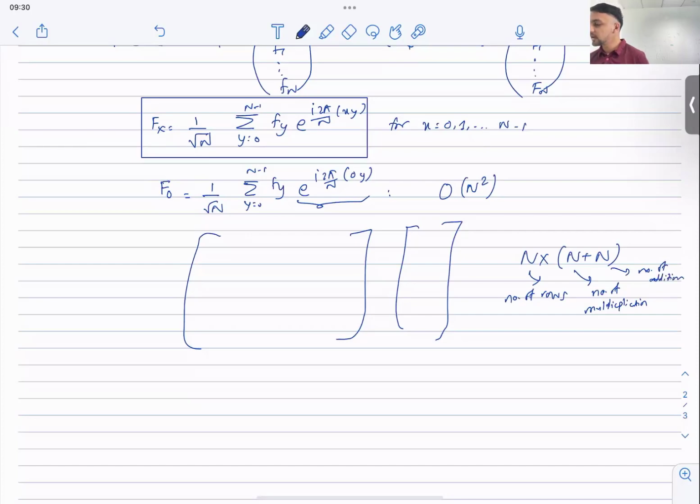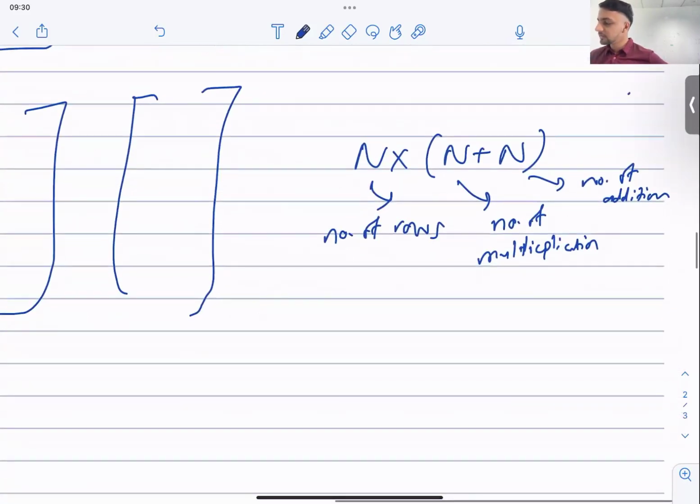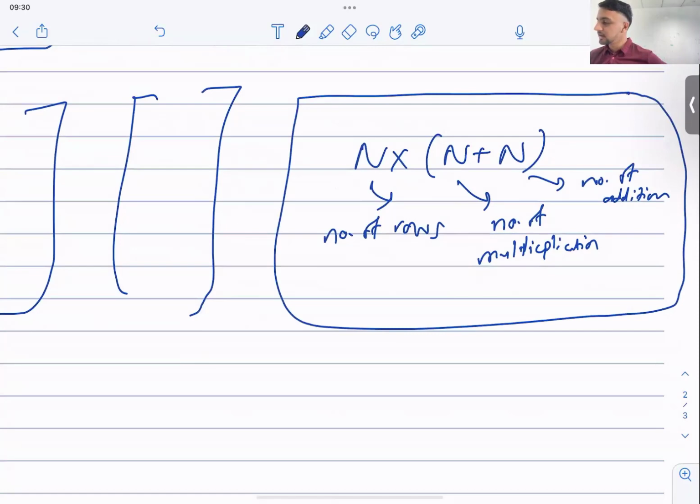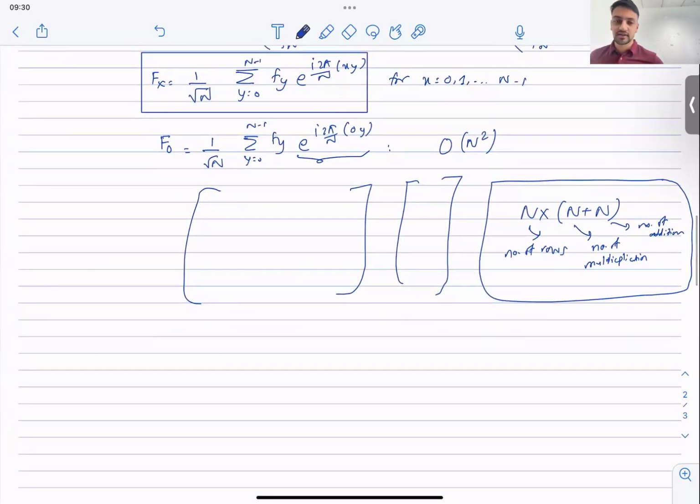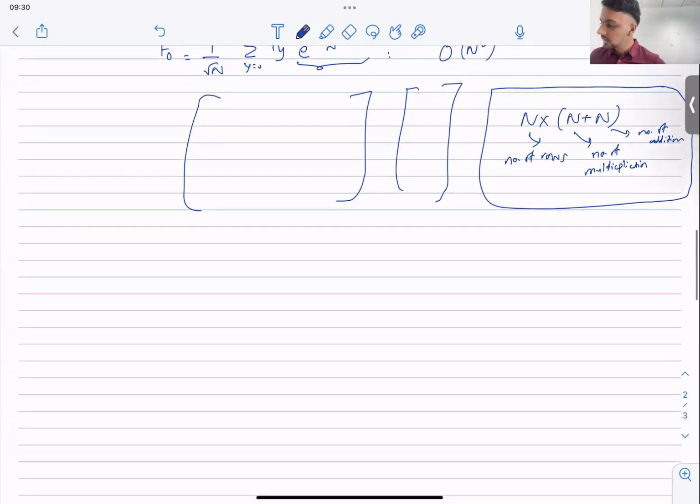That is the complexity of matrix-vector multiplication. I invite you to do this in your free time and verify that this is indeed the case, because I will have to speed up a little bit. So this is the classical case; we haven't moved to the quantum case yet. But all you need to know is that it takes n squared operations to do the discrete Fourier transform.